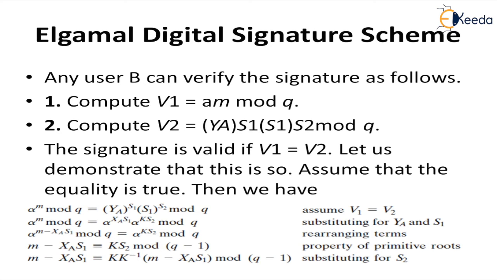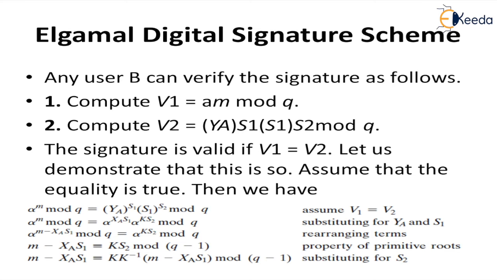Assume V1 is equal to V2. Alpha raised to m mod q is equal to alpha raised to x sub A S1 times alpha raised to k S2 mod q, substituting for y sub A and S1. So alpha raised to m minus x sub A S1 mod q is equal to alpha raised to k S2 mod q.